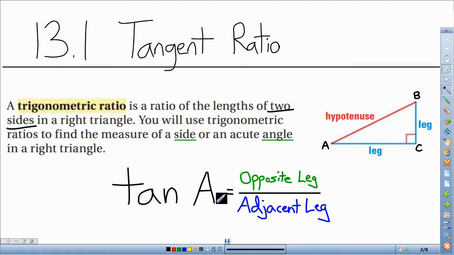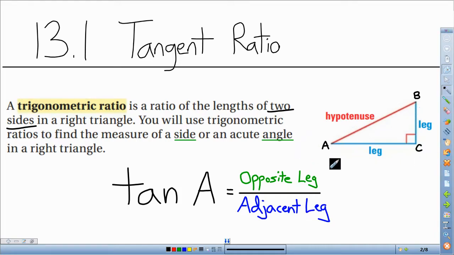Whenever we look at an angle on our right triangle, it's always going to be only one of these acute angles, one of these smaller angles. So in this context, we would either use angle A, or we could also do tangent of angle B. So that's all that letter represents: what angle are we looking at? But the big thing is this, opposite leg over adjacent leg.